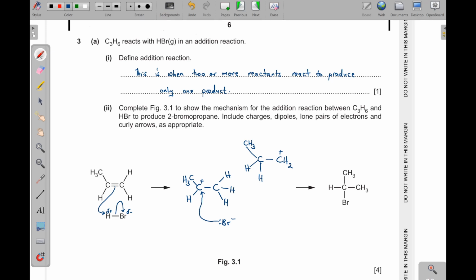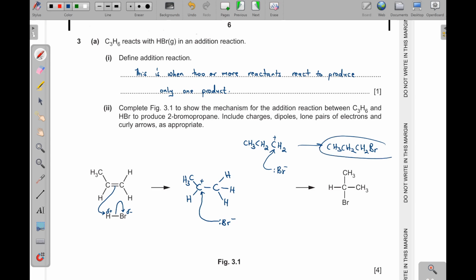You see? Now, this one, I can actually write it as CH3, CH2, then CH2, now plus. Now this bromine can come here and donate to this one, then we shall have CH3, CH2, CH2, Br.